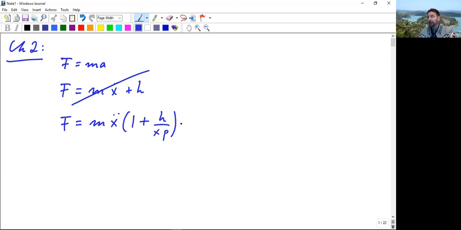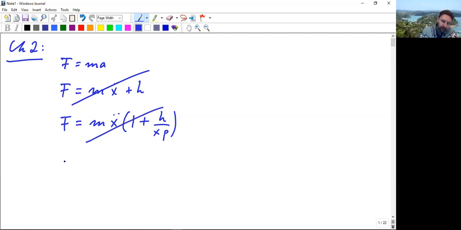See, the units would match now because the product of x and p also has the units of an action. But nah, that's not going to be right either. You can tell without trying, because if x is small or p is small, for small positions close to the origin of the coordinate system or small momenta, small velocities, this term would blow up and we would have known about it. So that's not right either.